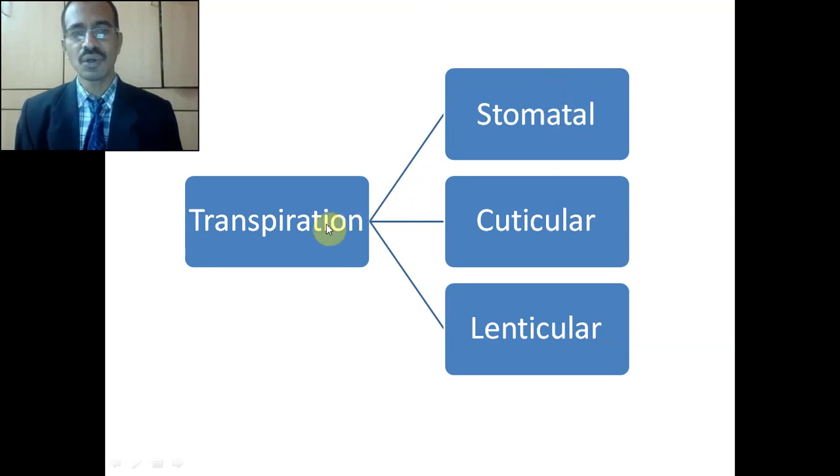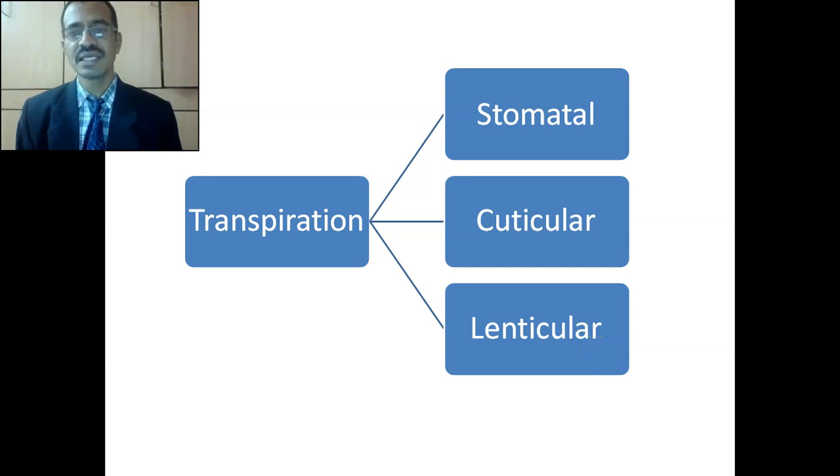Transpiration also occurs through the cuticle on the leaves. Around 5 to 10% of transpiration occurs through the cuticle of the leaves and also the cuticle of the young stems. The third one is called lenticular transpiration. This occurs through the lenticels of the stem.